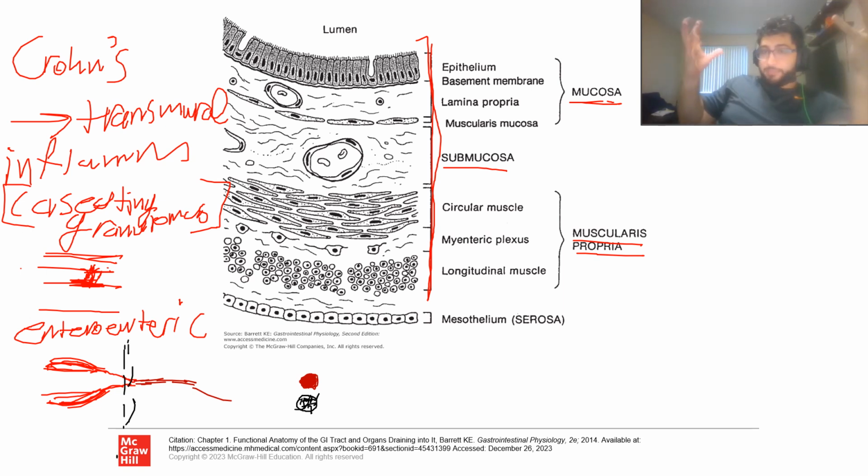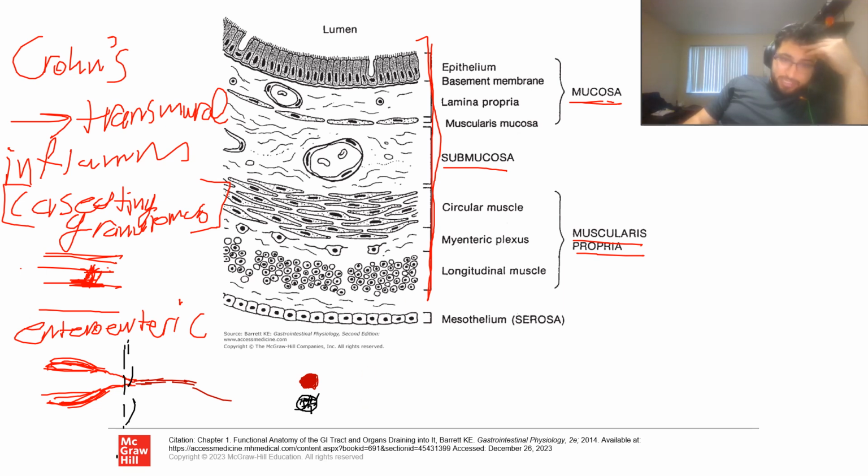The reason is that stuff is sitting around in there, not moving smoothly, and everything's dilating. So you want to consider that with Crohn's. Because all three layers are affected, you get abscesses, fistulas, and stricture formation.